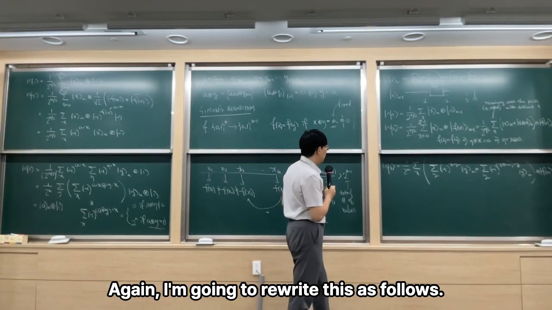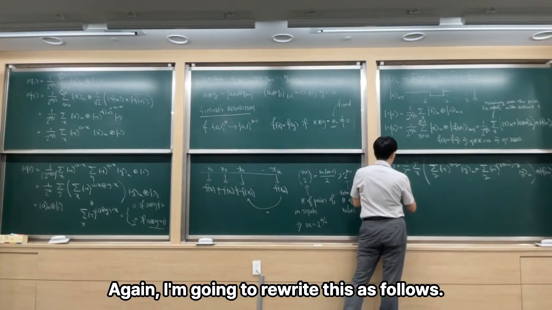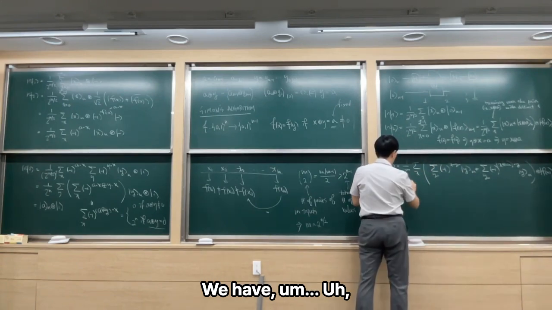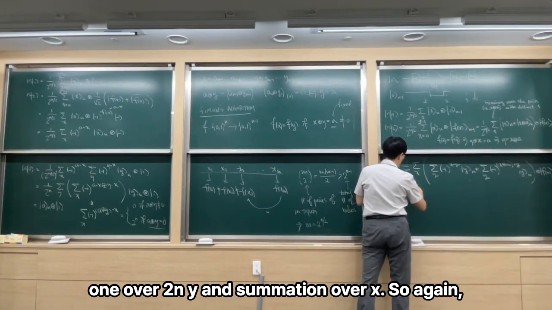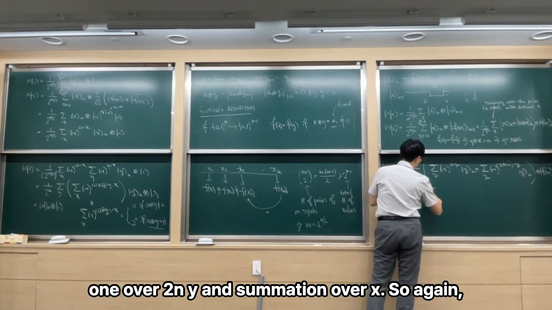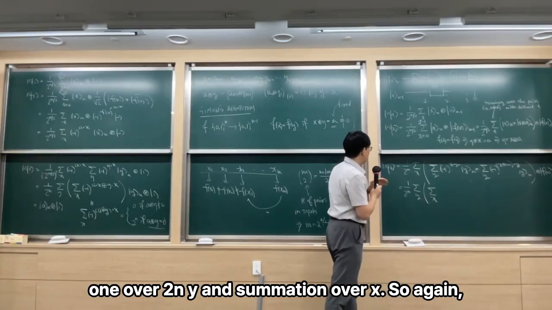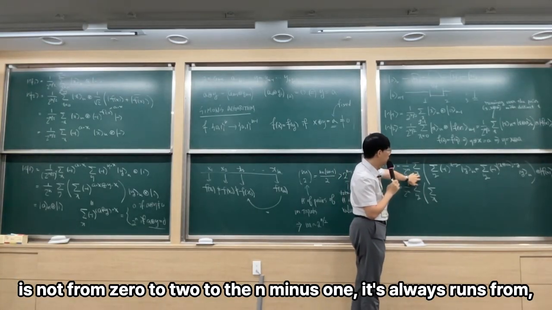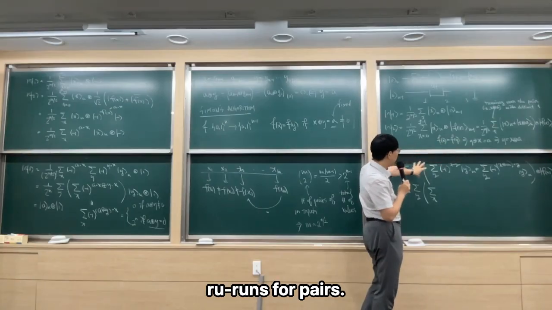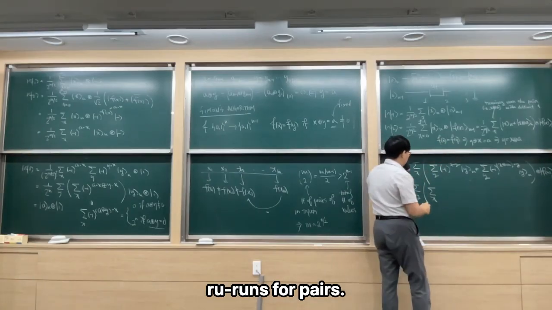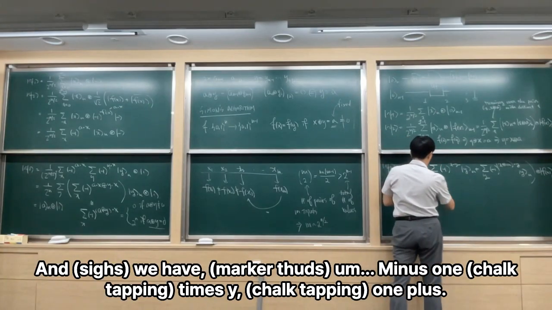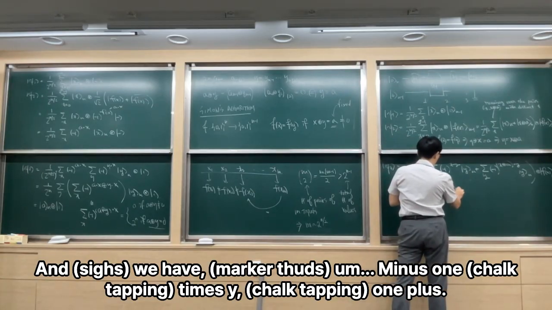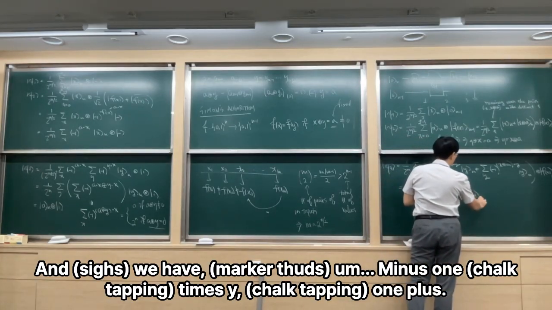Again, I'm going to rewrite this as follows. We have 1 over 2 to the n, sum over y and summation over x. Again, the summation over x is not from 0 to 2 to the n minus 1. It always runs over pairs. And we have minus 1 to the x times y, plus minus 1 to the (x plus a) times y.